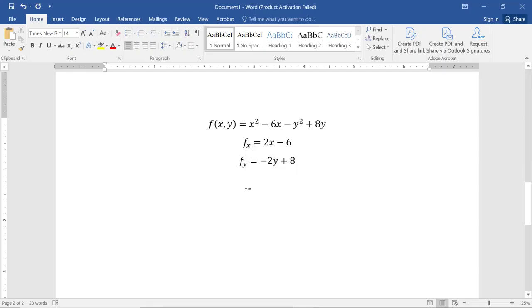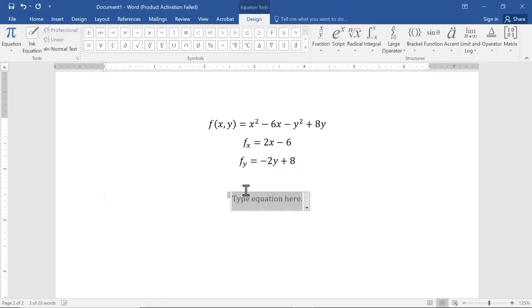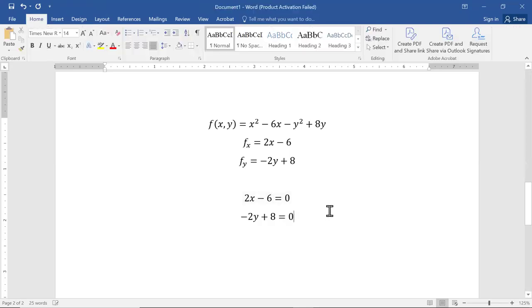So in order to find the critical points, we're going to set each of those equal to 0, and that's going to create a system of equations. Again, in this case, it's going to be linear equations, but it doesn't always have to be linear.